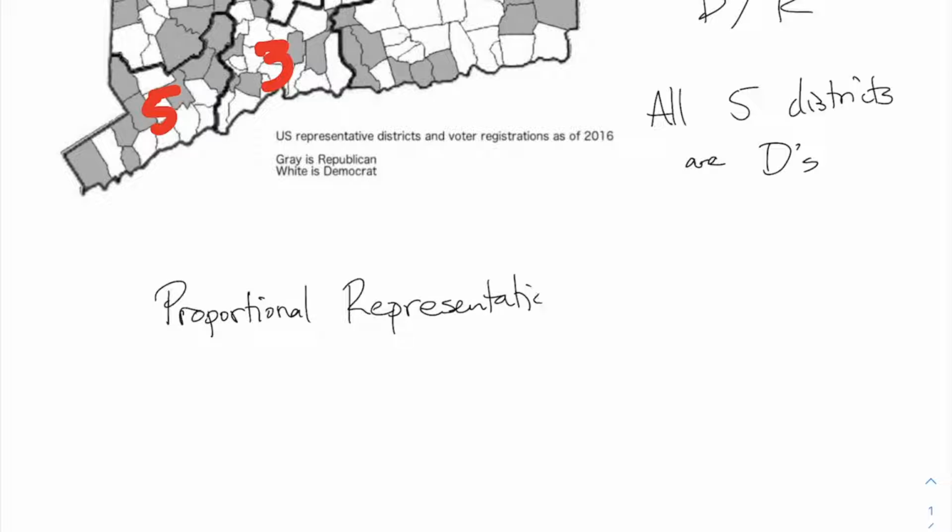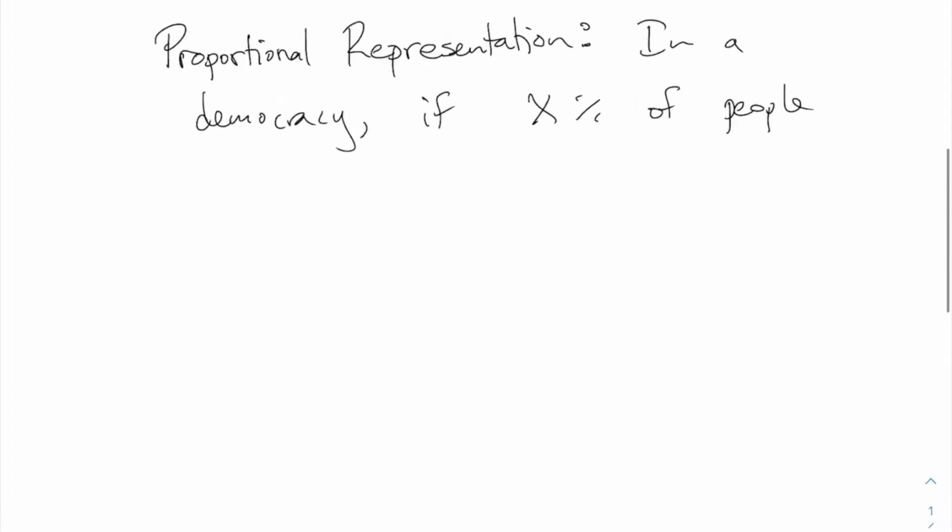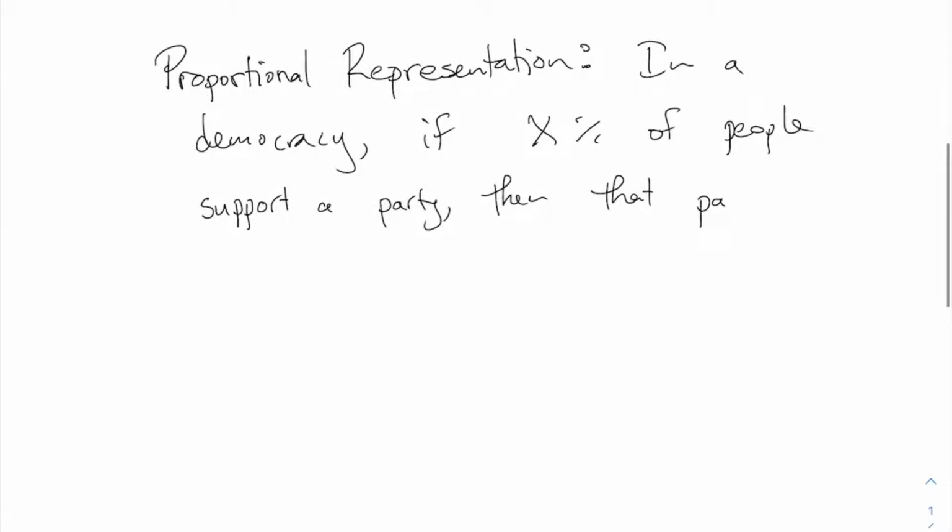It says, in a democracy, if, say, X% of the people support a certain party or a certain position or whatever, I'll just say support a party, then that party should be represented about X% of the time. This is the idea behind proportional representation.